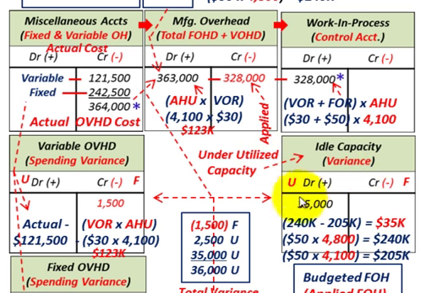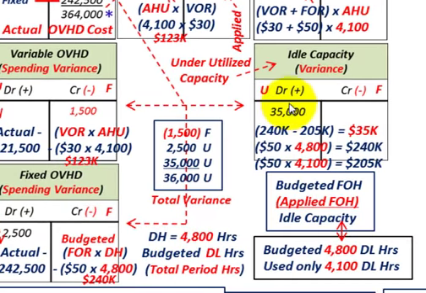But in this case, we're going to have underutilized capacity because we have an unfavorable amount of $35,000. That's really looking at the $328,000 that we've applied versus what we had in our budgeted fixed and our actual variable of $363,000.